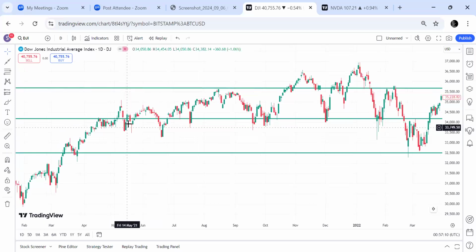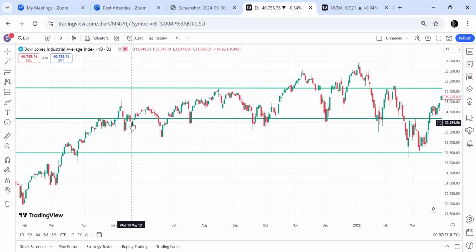And see, this is the harami candle. As you can see, this green candle is within the inside of the previous candle, and this is the harami candle.